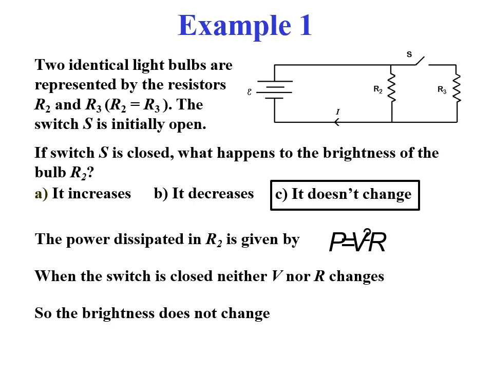So the brightness does not change, because they will both still have the same voltage if they are connected in parallel. Whether the switch S is open or closed, they will have the same voltage. So V squared divided by R stays the same, and the brightness will not change.